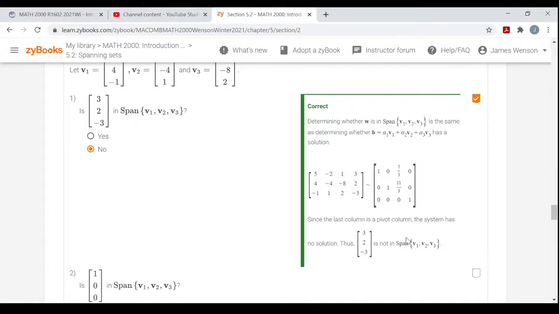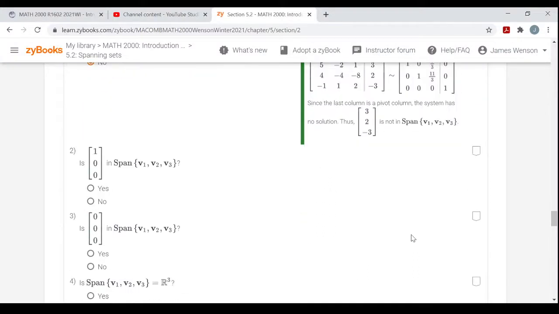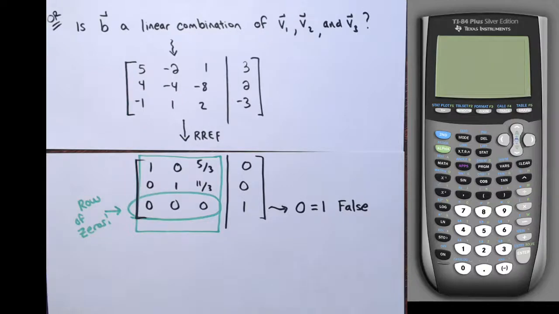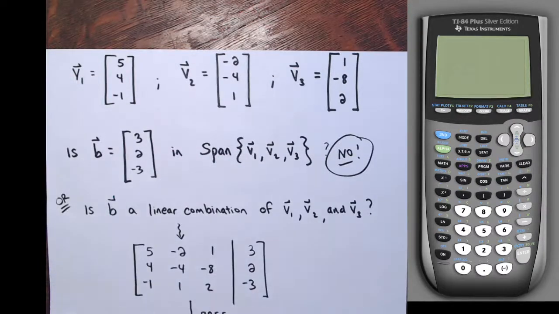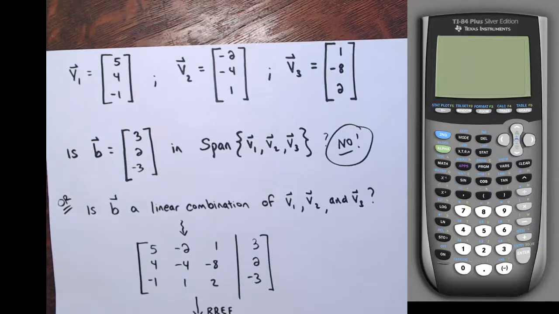Again, that went through here. All right. Now, all I need to do in these next couple is just change that right side. So back here, for part 2, the question was, okay, same 3 vectors, right? Same 3 vectors.